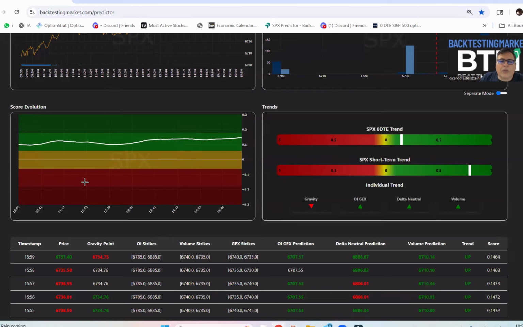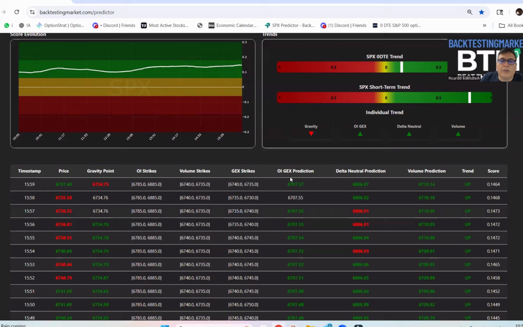The evolution of the score moves according to different data points, such as open interest, gamma exposure, volume, etc., with a value assigned by a mathematical algorithm. Every minute, the score will reach a specific value.